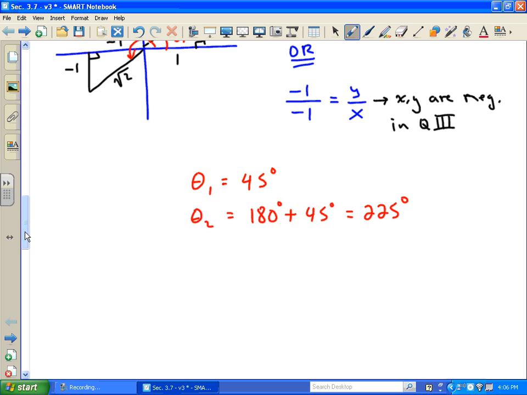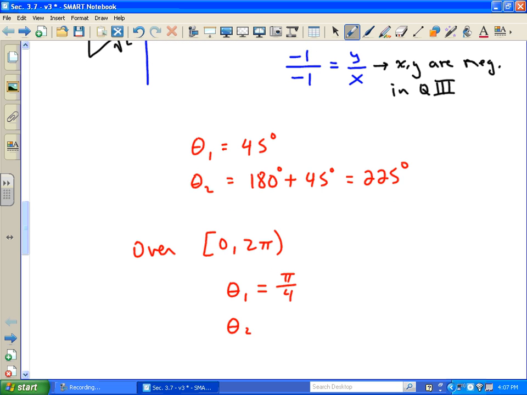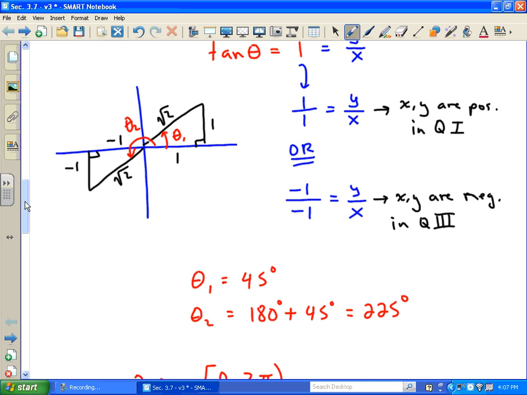This particular problem asked for the answers in radians, so over the interval from 0 to 2 pi, our answers are theta 1 equals pi over 4, and theta 2 equals, you can think about on the negative x-axis, pi is the same thing as 4 pi over 4, and so this angle with a 45-degree reference angle would be 5 pi over 4.